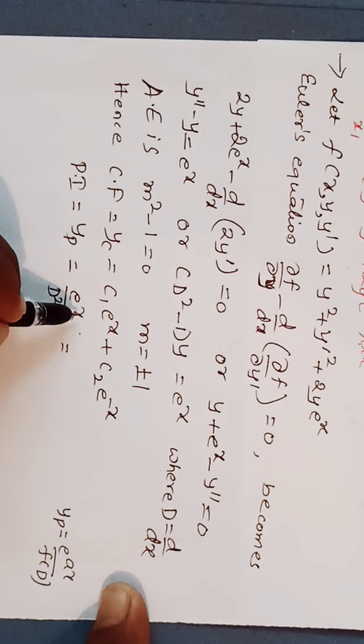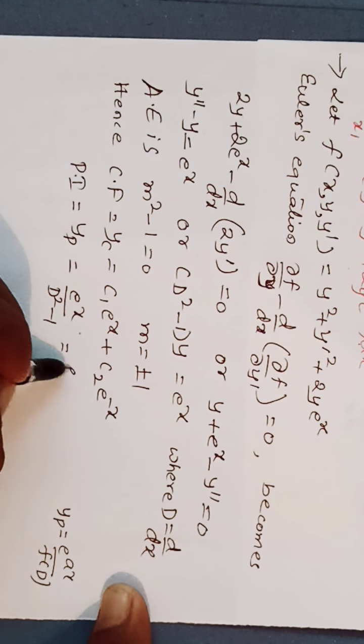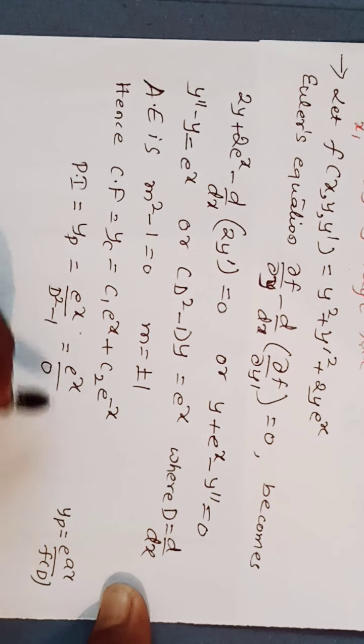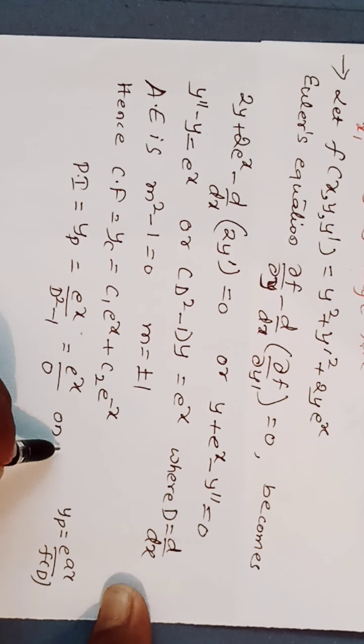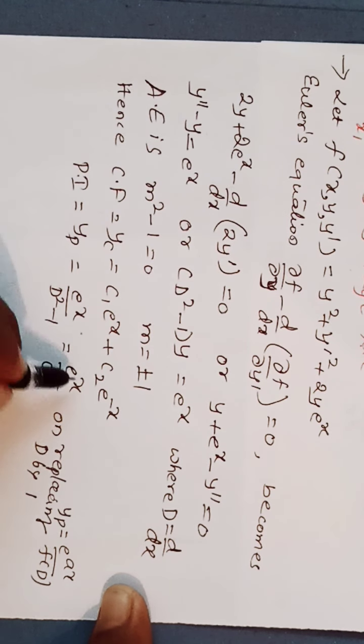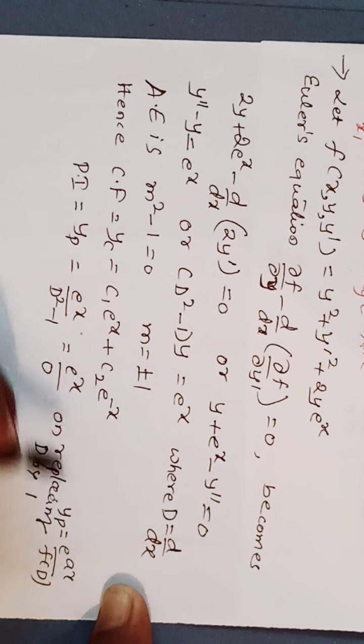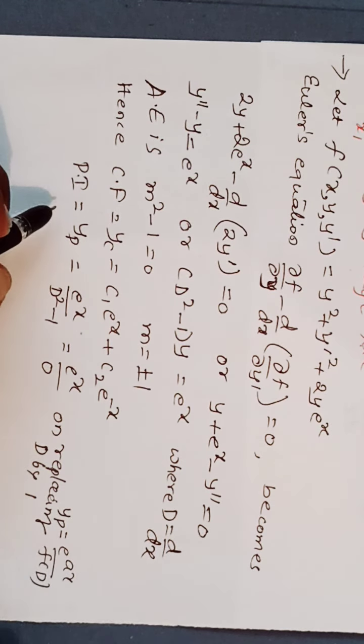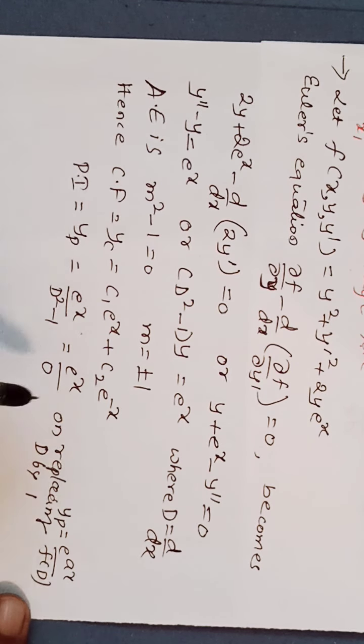So a here is 1, so we can put d equal to 1, then it becomes 1 minus 1, it is 0. So e raised to x by 0. A is 1, e raised to ax. So putting d equals to 1, or replacing d by 1, we get 0.